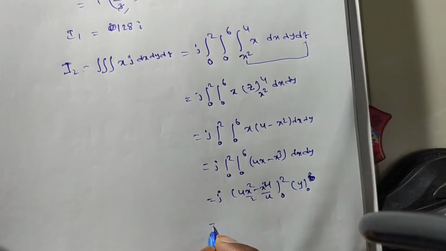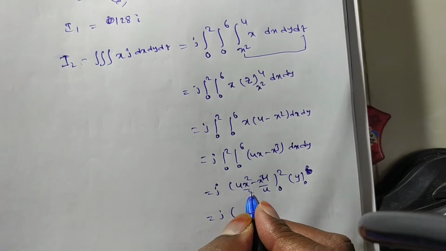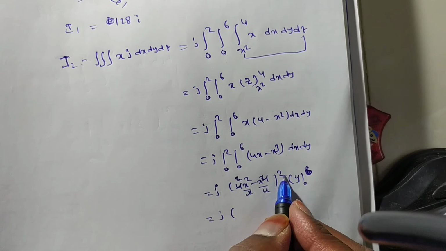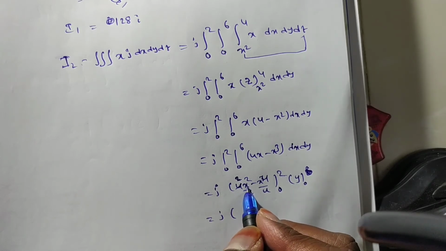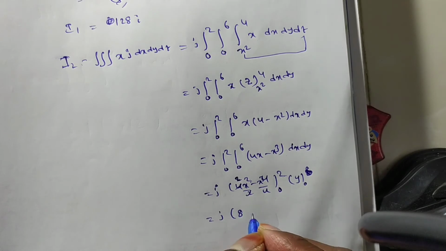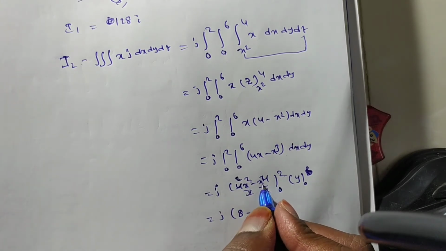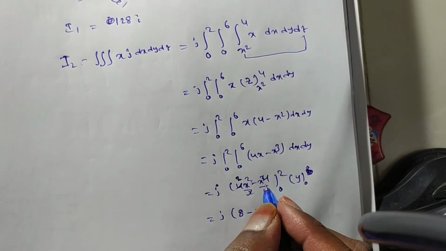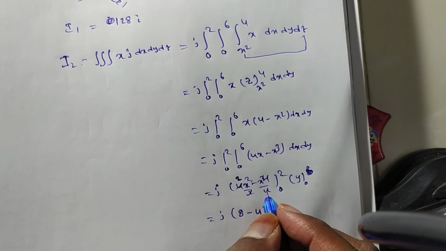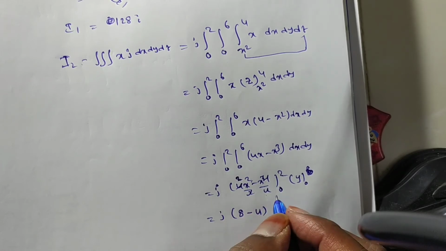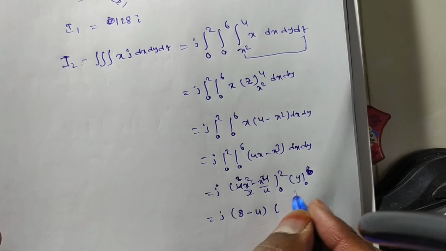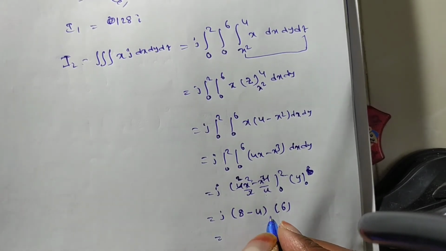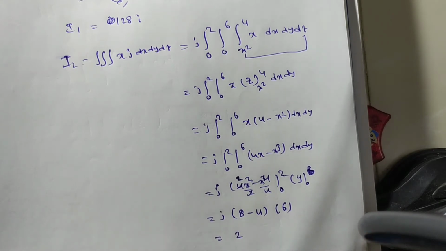Substituting the upper limit, 2 squared is 4, 4 times 2 is 8, minus 2 to the power 4 is 16, 16 by 4 is 4; the lower limit 0 gives 0. Then 6 minus 0 is 6, so 4 times 6 is 24, so this is 24j.